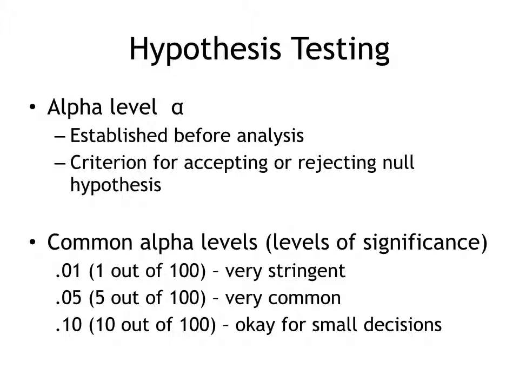These are some very common ones that you will see in different kinds of research. 0.01 is very, very stringent. That researcher is saying they're not willing to reject that null. They'll keep the status quo unless there's less than a 1% chance they're wrong. 0.05 is very, very common, especially in educational research.